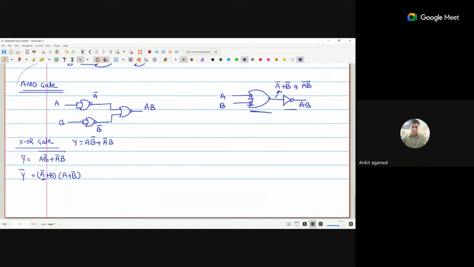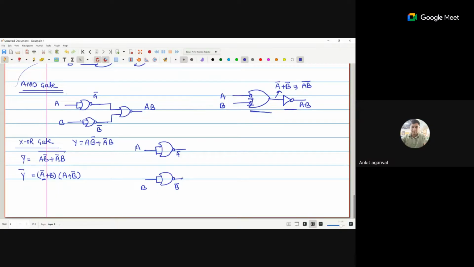Now A bar we require. Similarly, we require B bar.